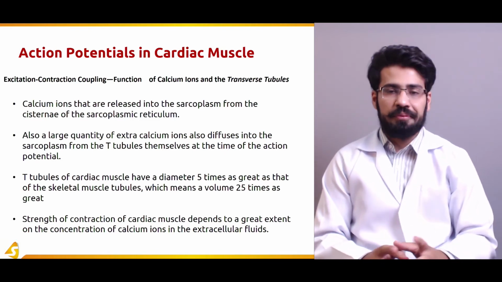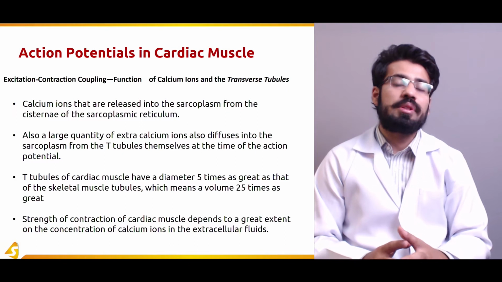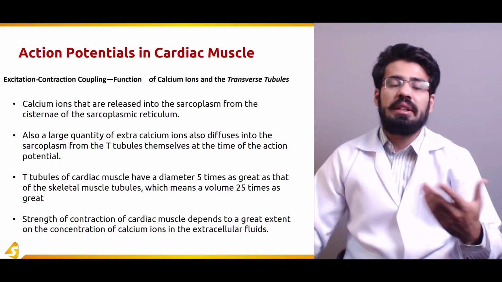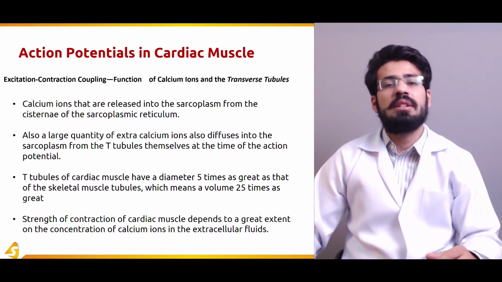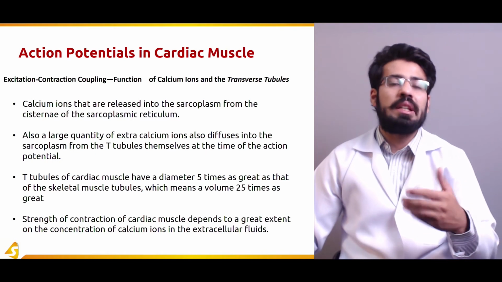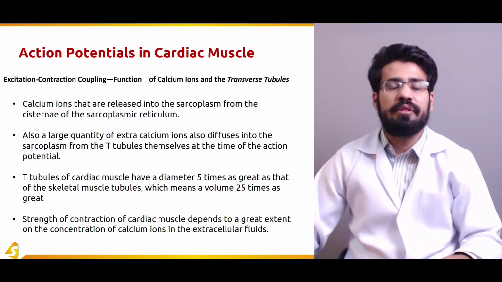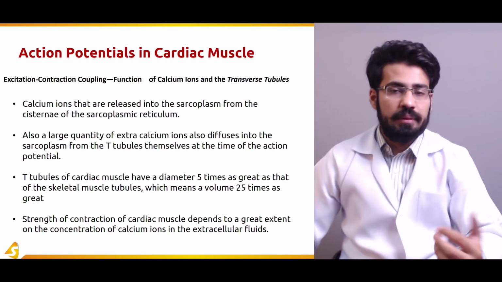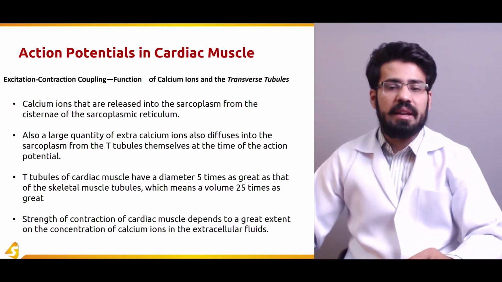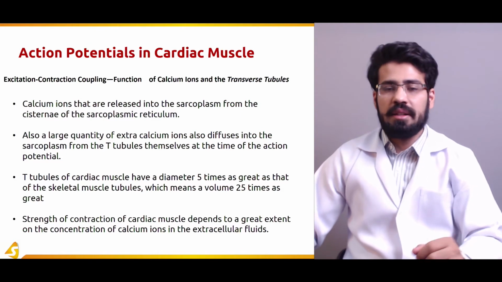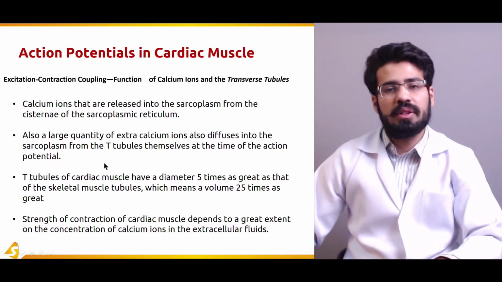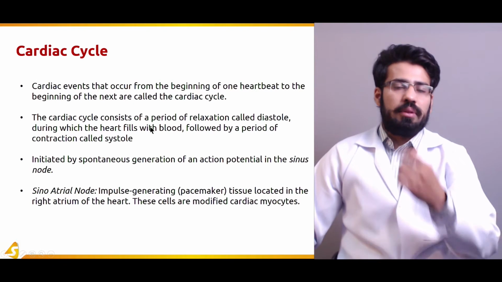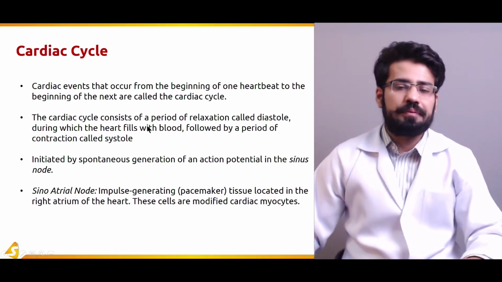Number two, the most important thing, which is innate and cannot be changed, is the diameter of the T tubules, which increases the volume for the conduction of the action potential in the cardiac muscle, which of course prolongs the contractile phase of the ventricle, and hence the cardiac contraction, as compared to the skeletal muscle. Now, let's begin the cardiac cycle.